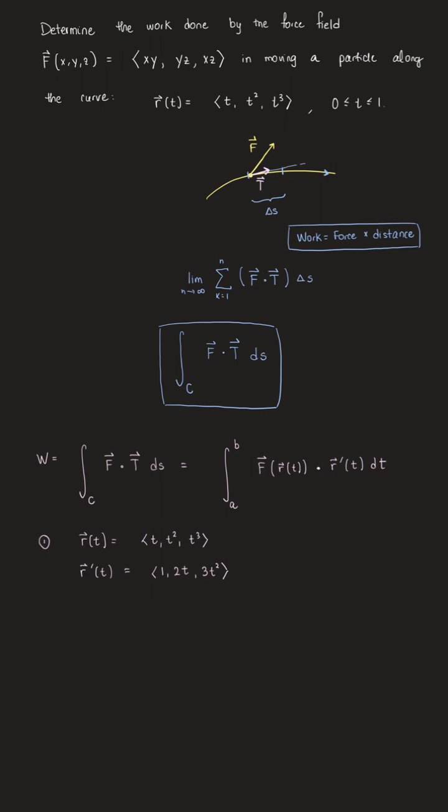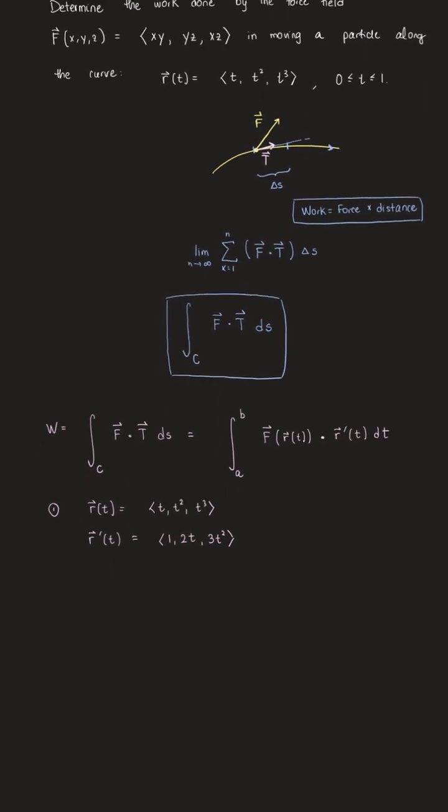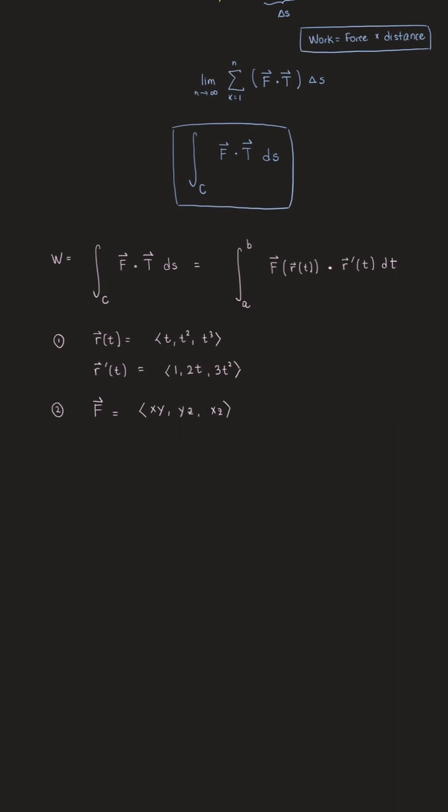Okay, now we also need to express our vector field in terms of t. Our vector field above was x times y, y times z, and x times z. And looking back at r of t, x is defined as t, y is defined as t squared, and z is defined as t cubed along the curve.